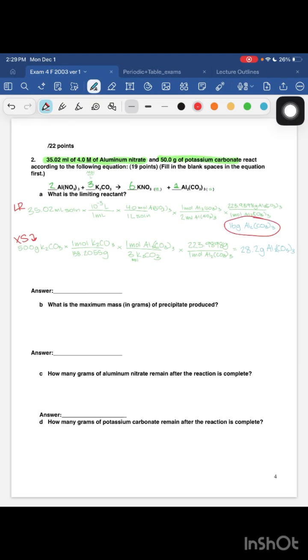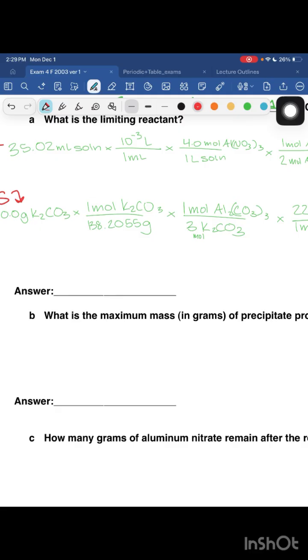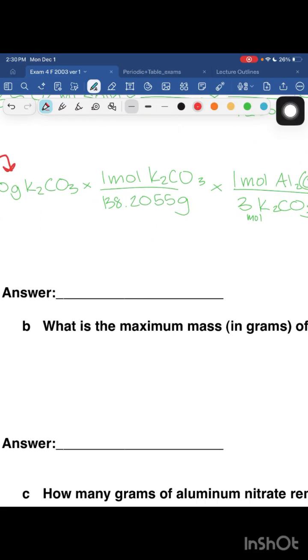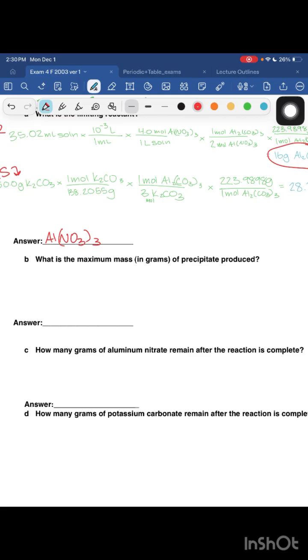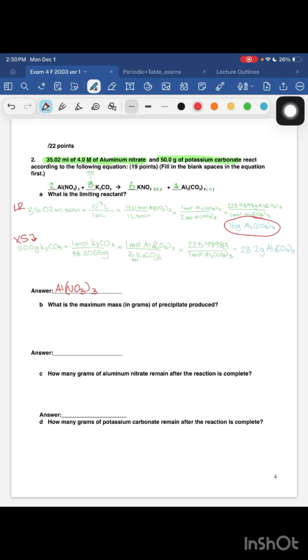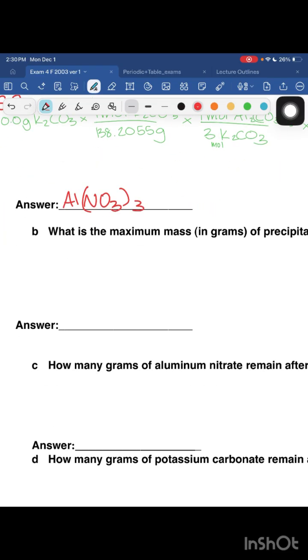We circle this, we label that, we write that it is the AlNO3. The maximum mass of precipitate produced, since you did the work already, you just get to write 16 grams of Al2CO3.